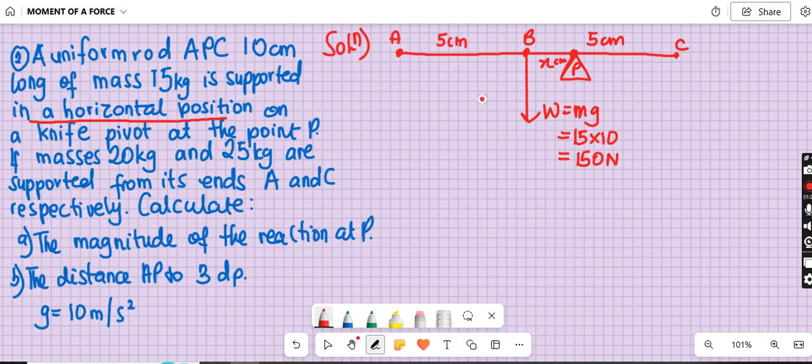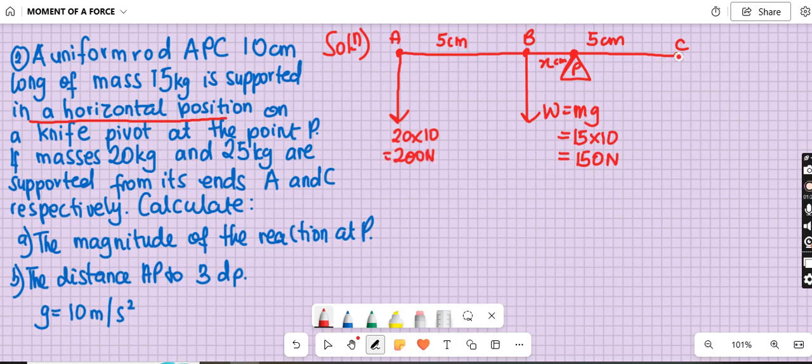Now we are told that masses of 20 and 25 kilograms are supported from the ends. So if it's a mass, then it will give us weight. Weight is equal to mass times acceleration due to gravity. So we have a mass here, 20 times 10, giving us 200 Newton.